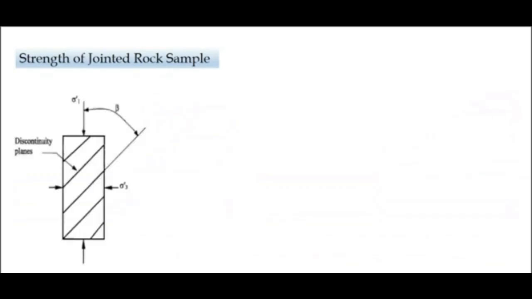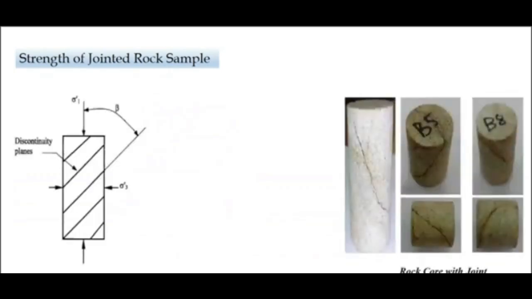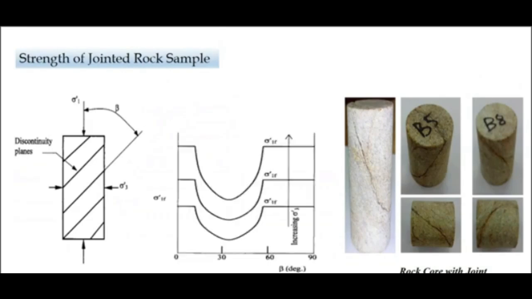Just to take this discussion forward, when I talk about the strength of the jointed rock mass, generally we will be having rock samples which are cored from rock blocks extracted from sites. When we do the testing on these rock cores, what has been found is that depending upon the orientation between the bedding planes or the geological discontinuities and the axis of loading, the strength of the material is going to vary.